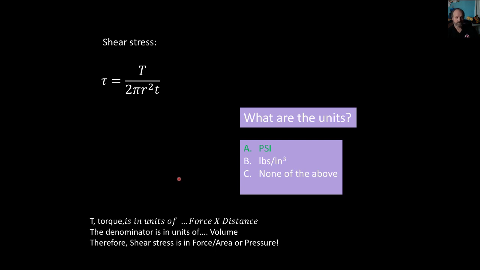Okay? So this is just a reminder in this slide that torque is in the units of force and distance. The denominator is in the units of volume. You take the ratio, right? Meters cancel out, and then you get force over pressure.